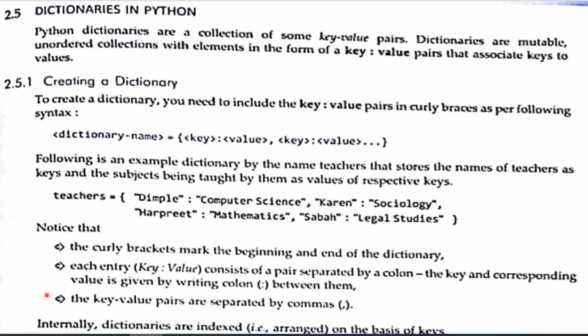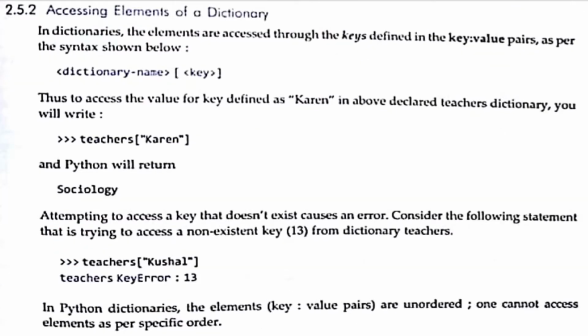Next is accessing elements of a dictionary. In dictionaries, the elements are accessed through the keys defined in the key value pairs as per the syntax shown below. Here, the name of the dictionary and the key.